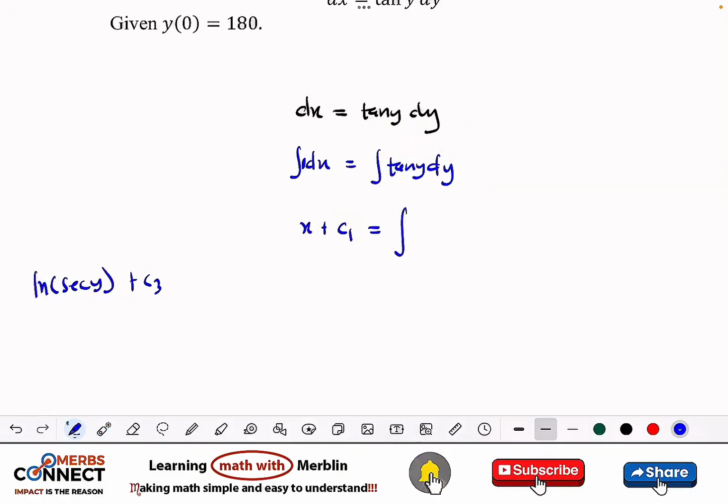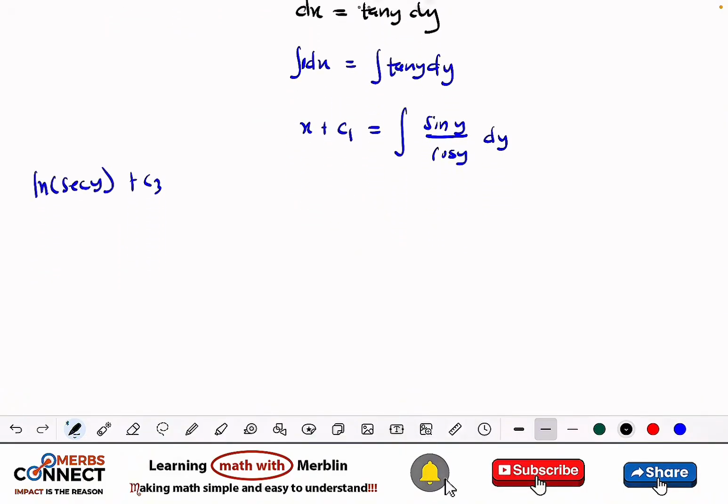But if you don't know it, this is what you can do. We know that tan y is the same as sin y over cos y, right? Then I use integration by substitution to do this. So I'll let u be equal to cos y. Is that right? So when I do that, I'll differentiate u with respect to y, which is going to give us minus sin y.